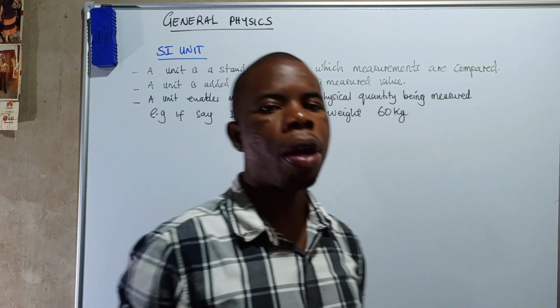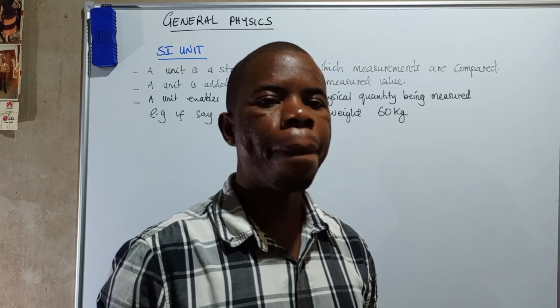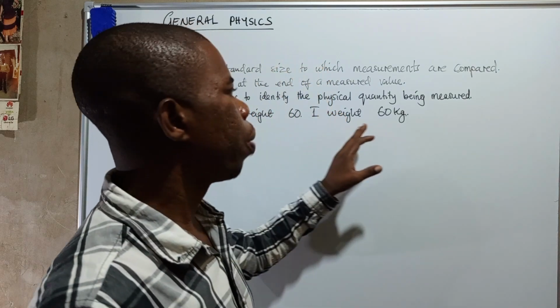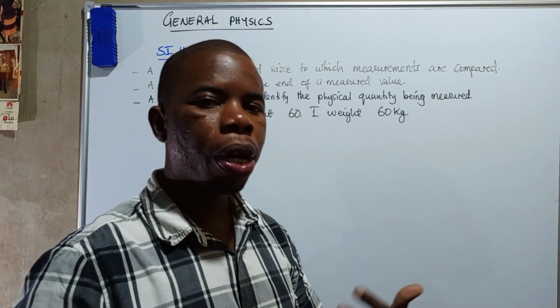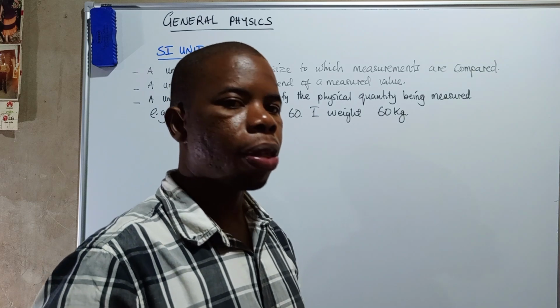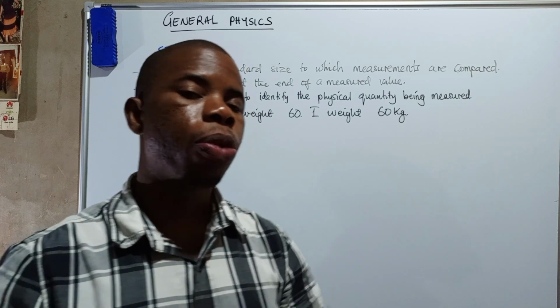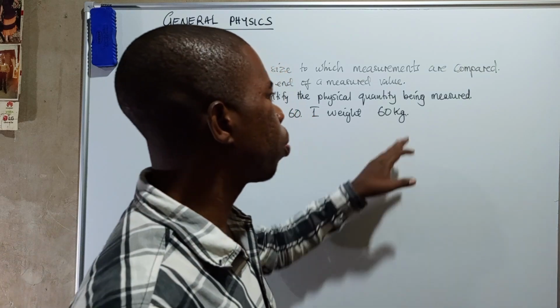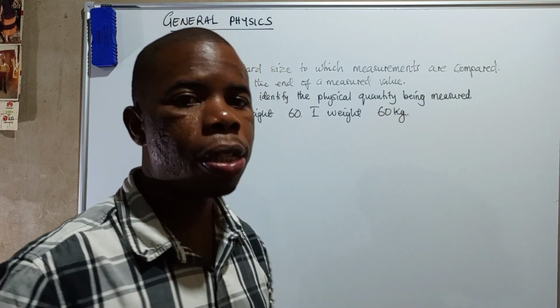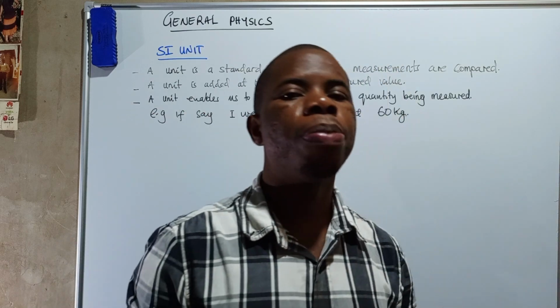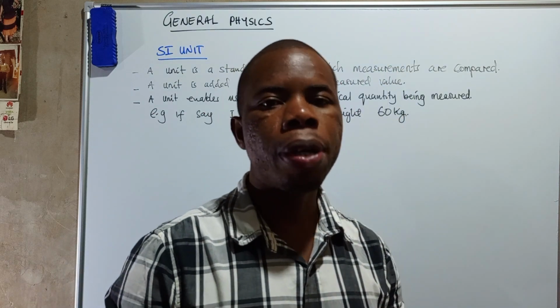That's how heavy I am. So when we add units to a number, they add more meaning. They tell us what physical quantity we are talking about. In this case, if I say 60 kg, the physical quantity is mass.